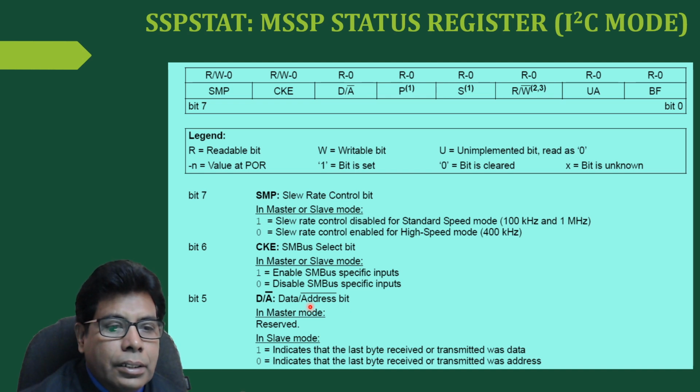So when it is high, it will be for the data. When it is low, it will be for the address. So 1 indicates that the last byte received or transmitted was data, and 0 indicates that the last byte received or transmitted was address. And in master mode, it is reserved. Only in slave mode will it be either data or address.